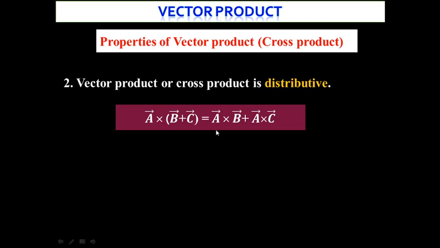So vector A cross vector B plus vector A cross vector C. This is nothing but the distributive property of vector product or cross product.